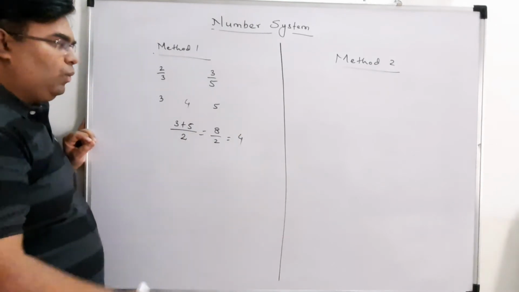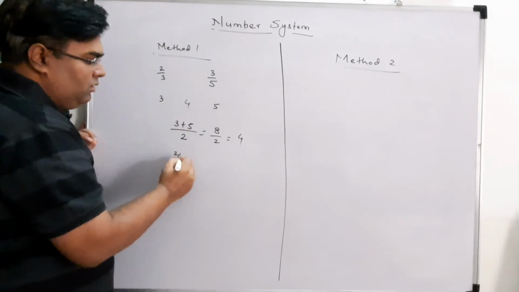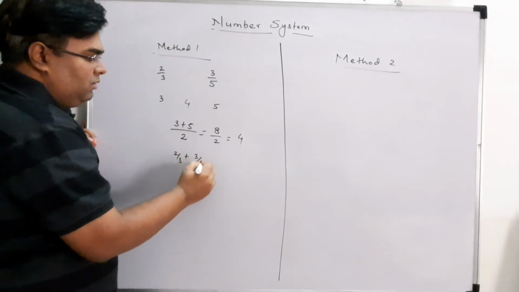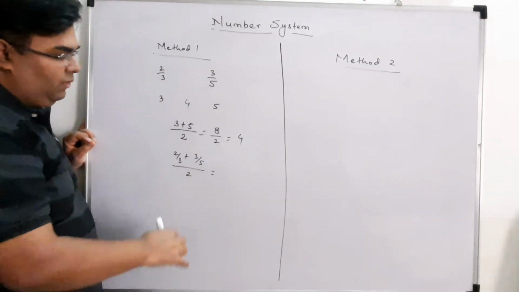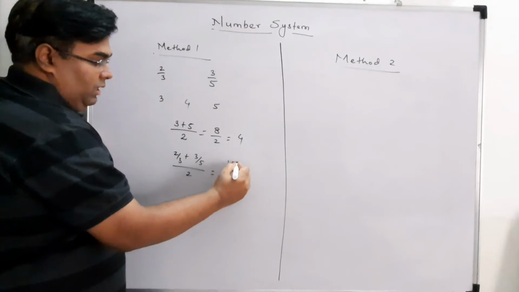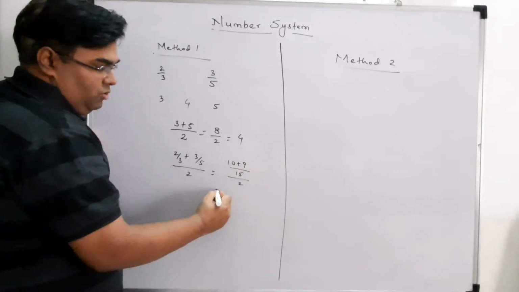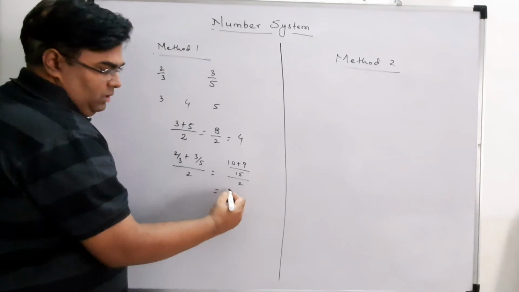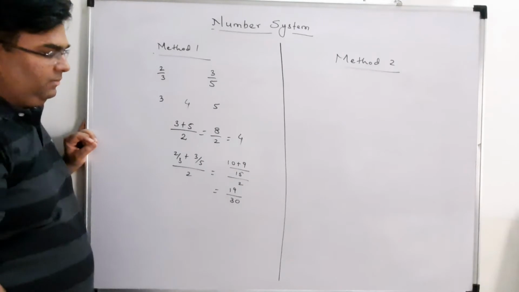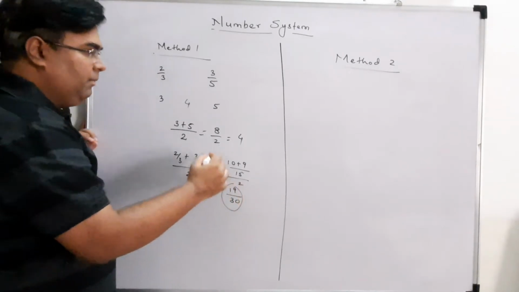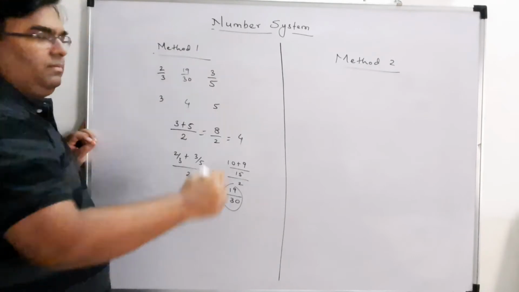So one number I can find easily. Similarly, 2 by 3 plus 3 by 5, upon 2: you will get 10 plus 9 upon 15, upon 2, which is 19 by 30. So this number 19 upon 30 will be in between.